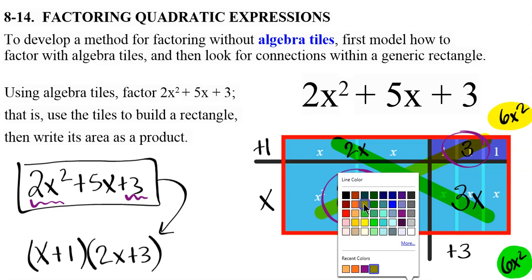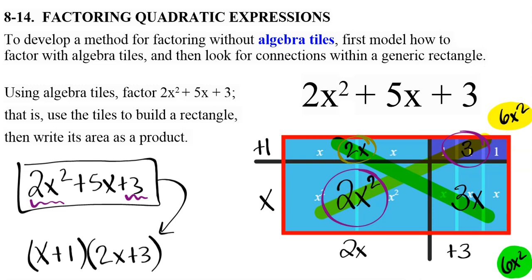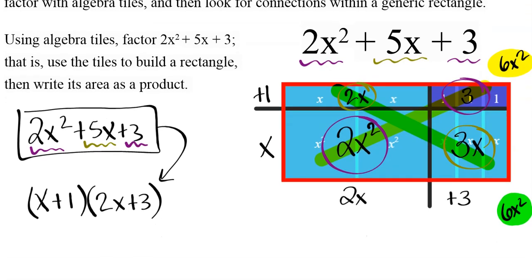So if we look a little closer, these two here will add up to that 5x. So we can start seeing that everything that's in this rectangle is what we need, and we just have to figure out how all the pieces fit together to get the factors. And that's what this is all about.